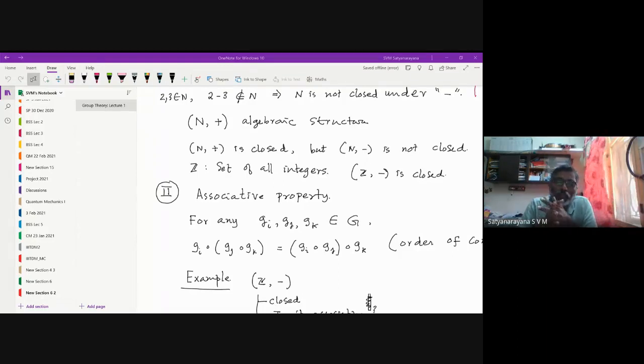But the moment you say something physical, which we should do, of course, then you have all these interpretations: the inverse element is undoing what you have done. Such things one can interpret that way.